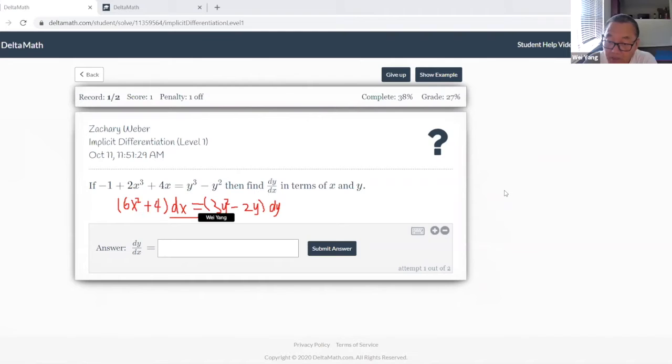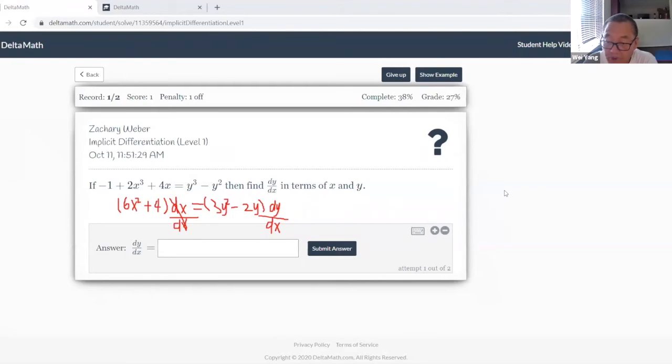On the left side, dx divided by dx comes out. So we got 6x squared plus 4 equals 3y squared minus 2y times dy over dx.